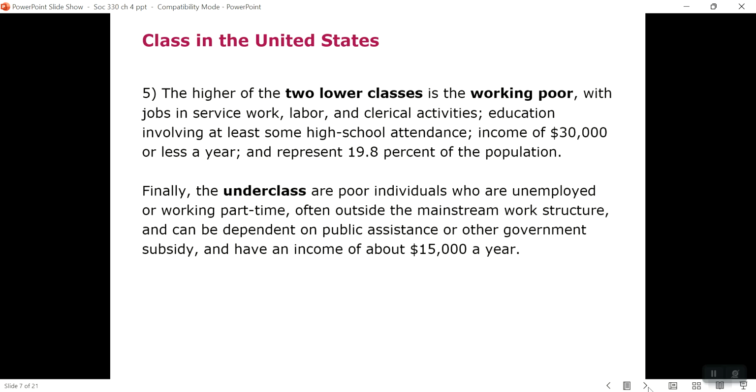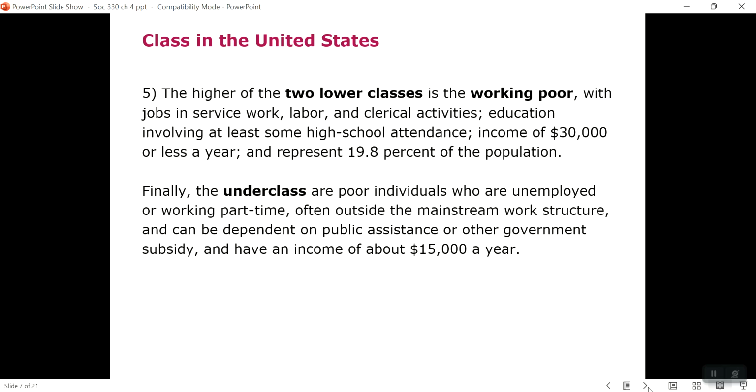And then there are two lower classes, the working poor and the underclass. The working poor are people who have incomes of less than $30,000 a year, and they're just under 20% of the population. These are people who do service work, right?